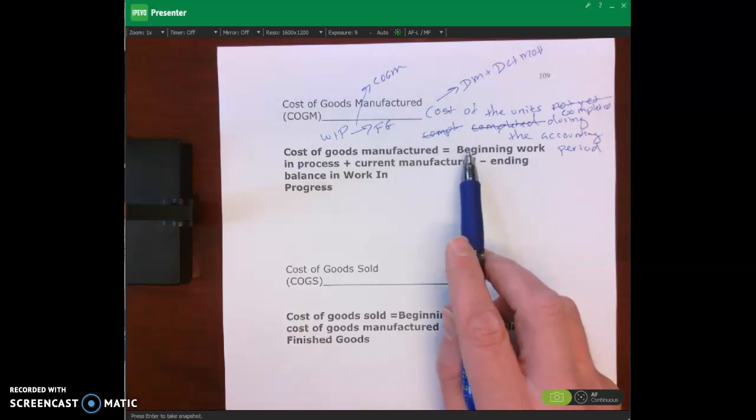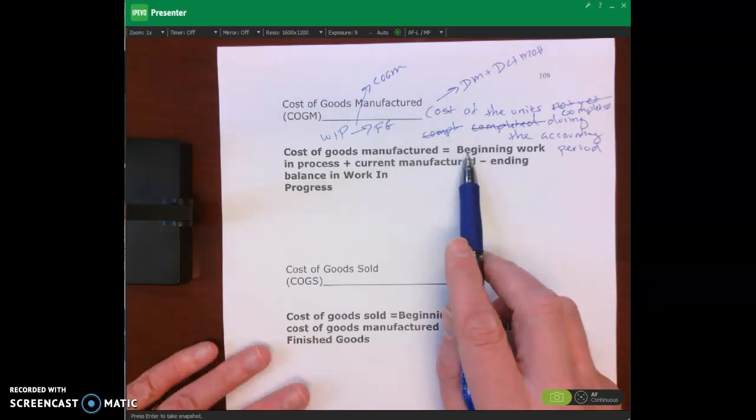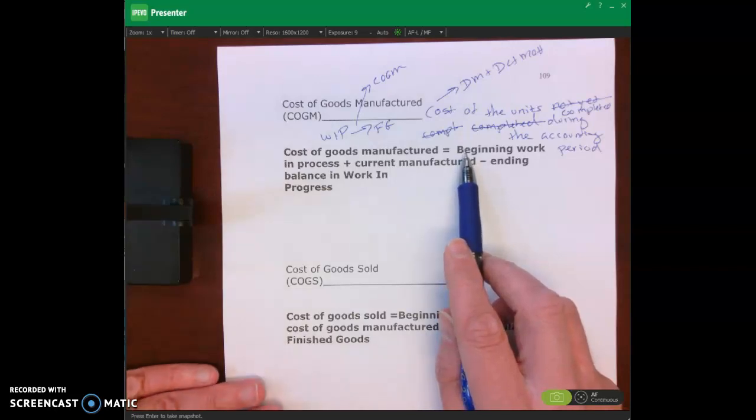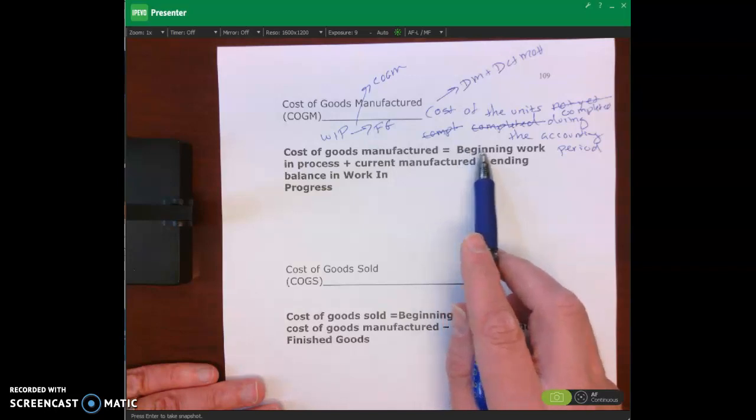I'm going to say that again. It's the materials, labor, and overhead attached to those goods that we did not finish last accounting period. That then becomes the cost of our beginning work in process.